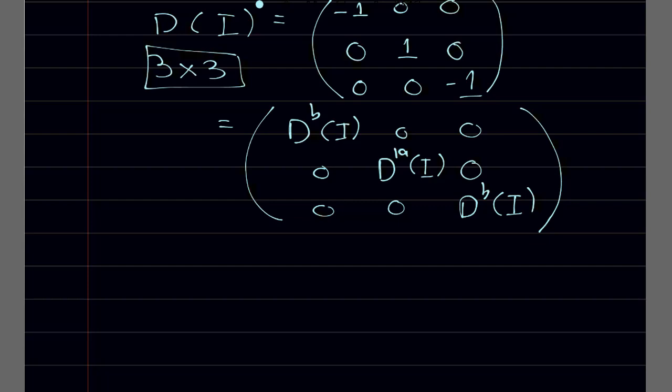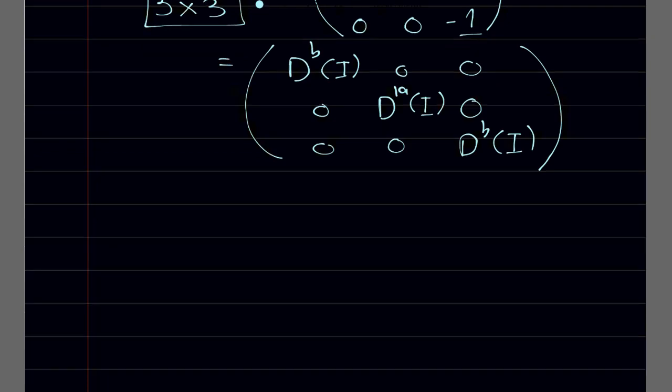Okay. Now what happens when you start with, say, 4 functions? If you start with 4 functions, you are going to get a 4 cross 4 matrix representation of the operator.